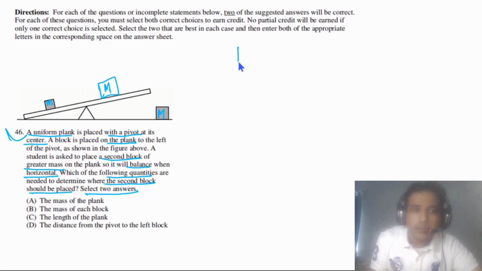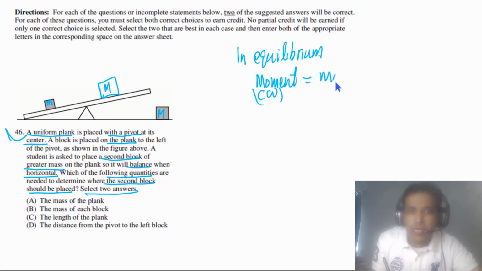For this purpose, we simply need to understand equilibrium. So when this block is in equilibrium, the clockwise moment has to be equal to the anti-clockwise moment. These two moments have to be equal. So we can say CCW, counter-clockwise moment.